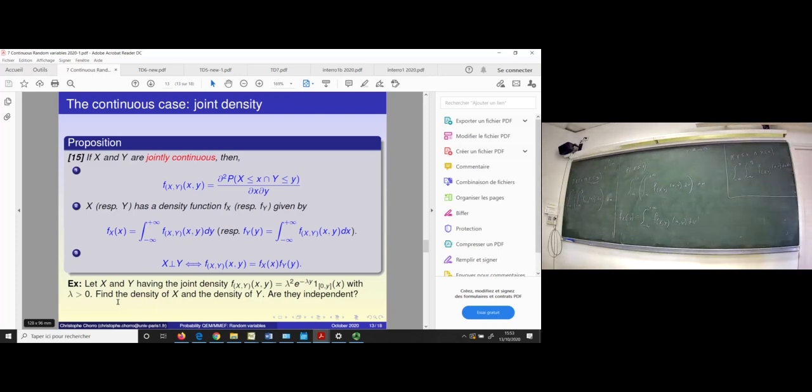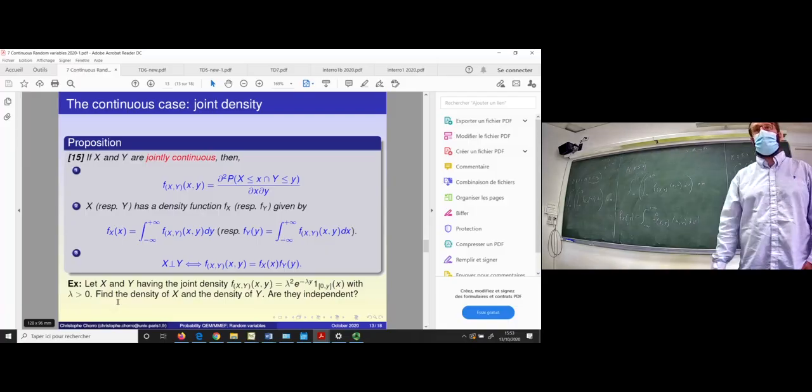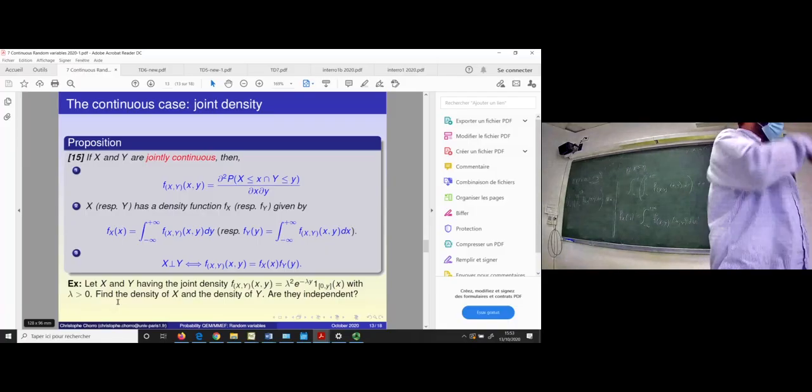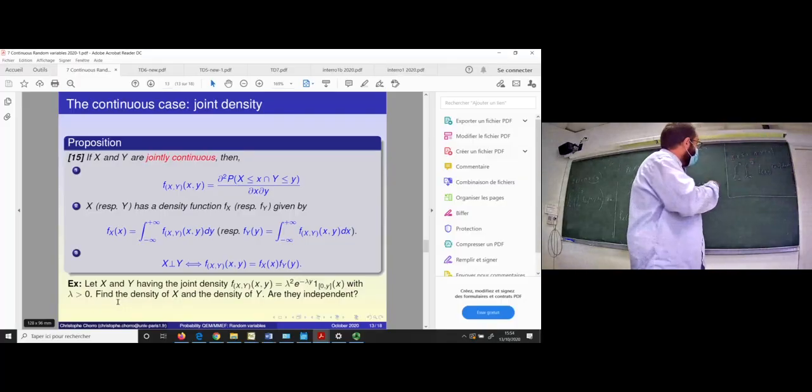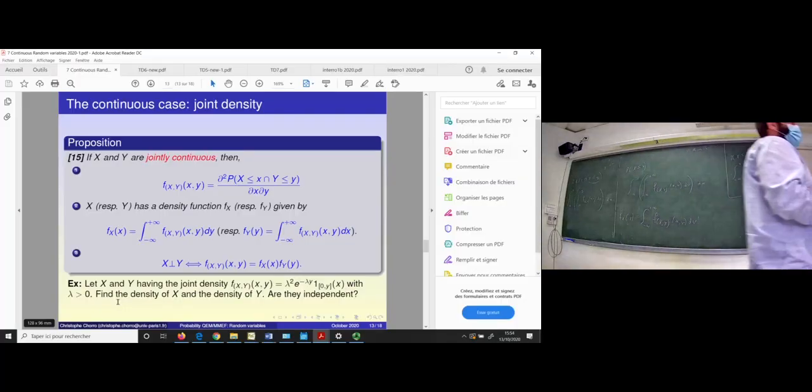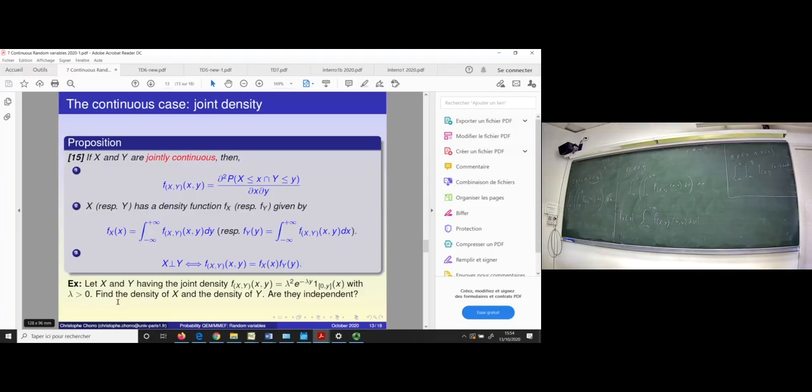So when you have a joint density function, okay, you can recover it computing a double derivative with respect to the parameters of this quantity. If I give you a joint density, in order to obtain the density of each component, you compute the partial integrals.